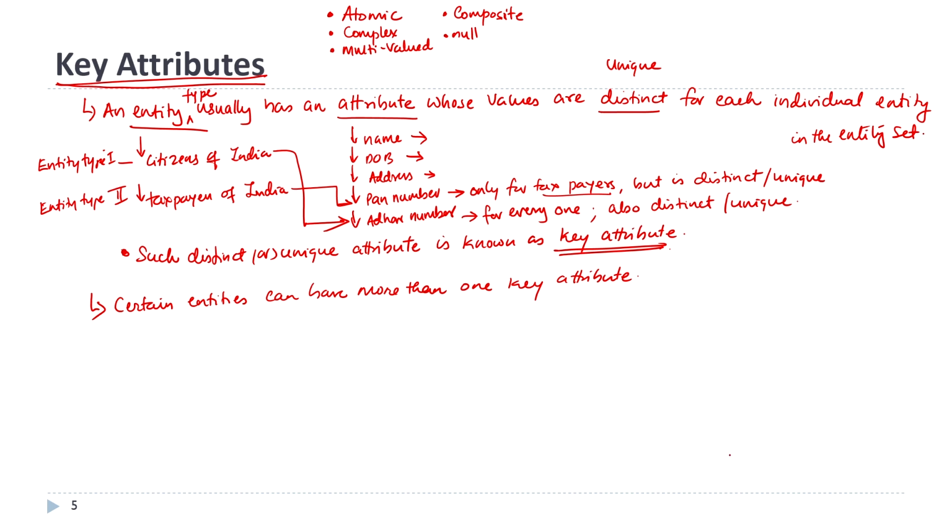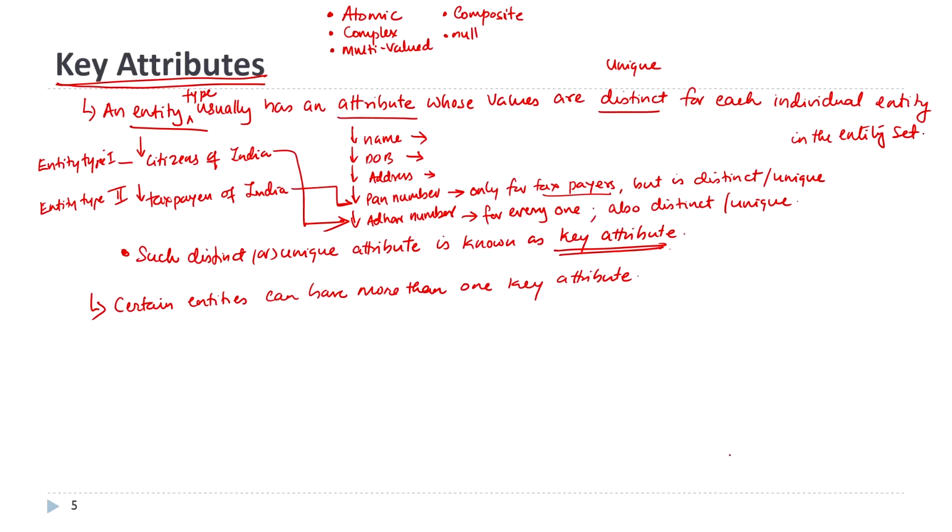These are all different key attributes, which means they are distinct for each individual entity in that set. Citizens of India is an entity type, and there are so many people in that entity set. Individual citizens Ram, Sita, Geeta are all citizens, and their Aadhaar card or voter's ID card are all key attributes because they are distinct or unique for each.